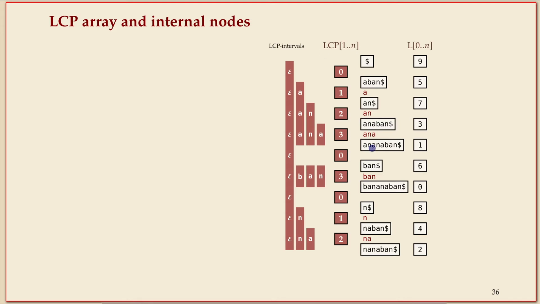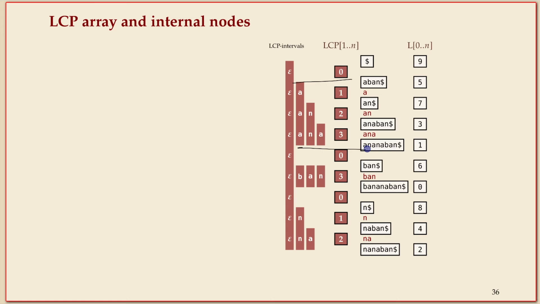So all the suffixes start with the empty string as a degenerate case. Then there's a range of suffixes that start with an A, namely these 4, and their longest common prefix between this and this, this and this, this and this, they all start with an A. So we have this range of length 3 here that covers from here to here all the strings.